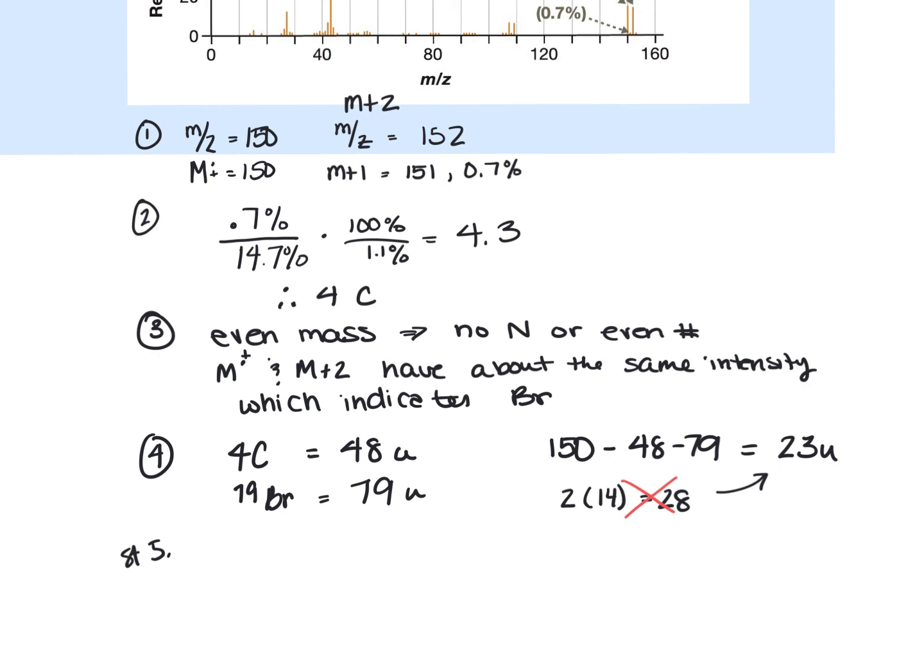Okay, well, when we think about this, if we have a saturated carbon compound, C4 and then H2n+2, that would give us C4H10. And even if that was completely saturated, that is much smaller than that 23 there. So we probably are going to have some other heteroatom in there.